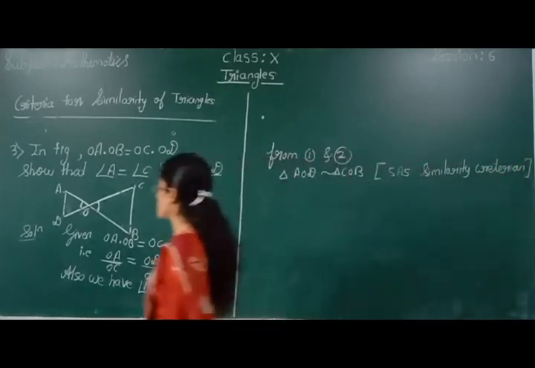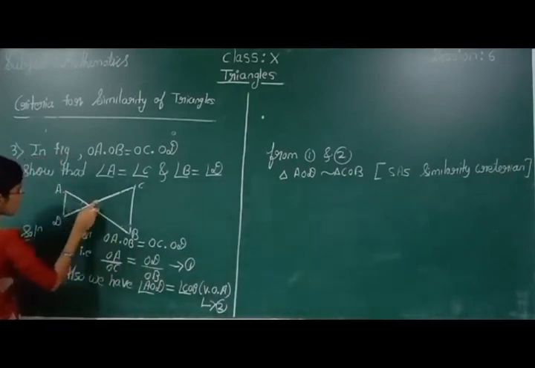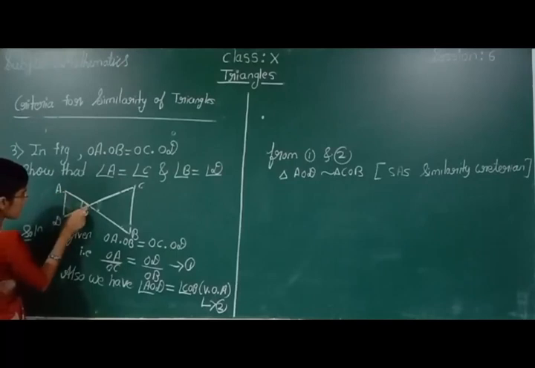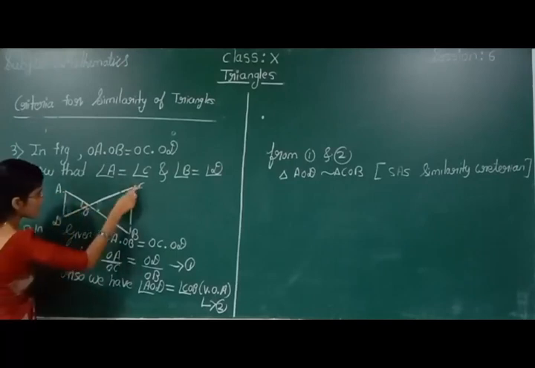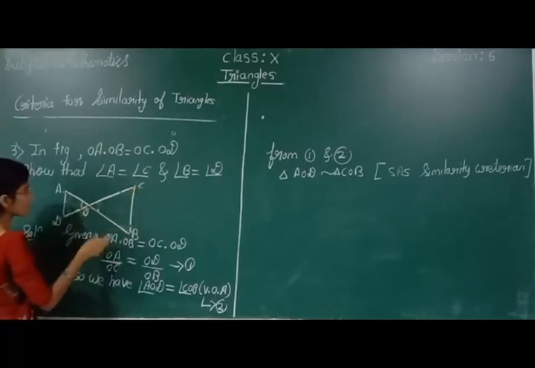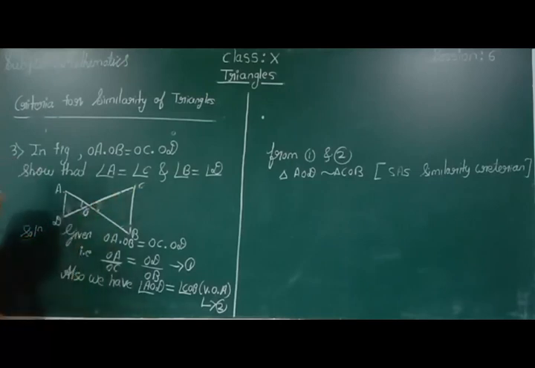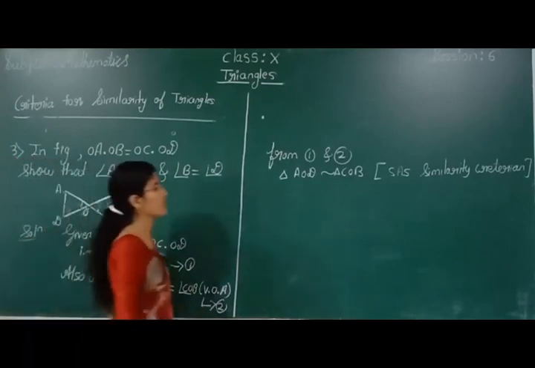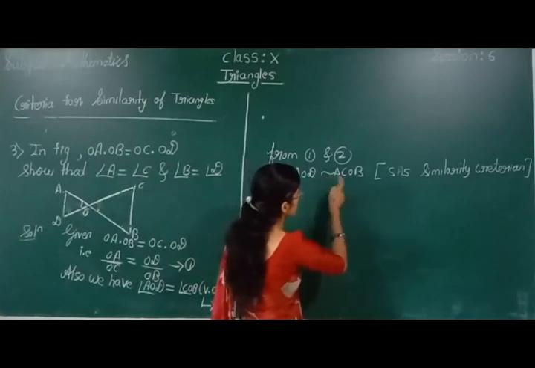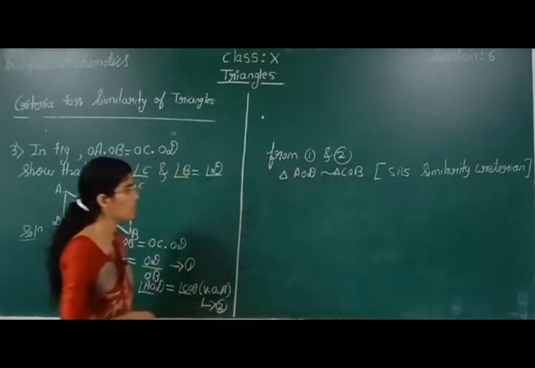Now see students, here in AOD, this angle is included between the sides AO and OD, and here angle COB is included between the sides OC and OB. Therefore we can tell that triangle AOD is similar to triangle COB.